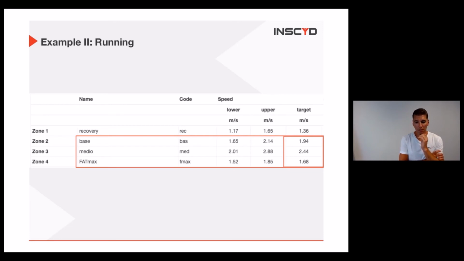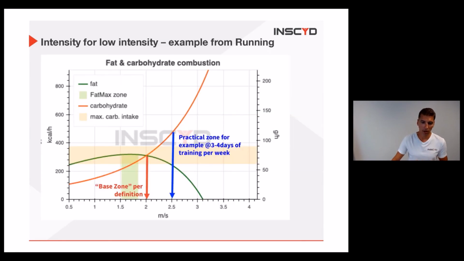But the matter of fact is, base training here is maybe not the best intensity for this runner, because, think about it, it's a recreational runner. How much does a recreational runner train? Here are the two zones. The base zone, per definition. What do I mean by definition?